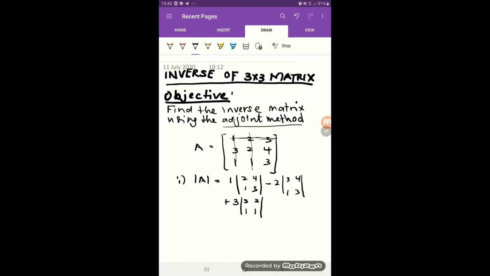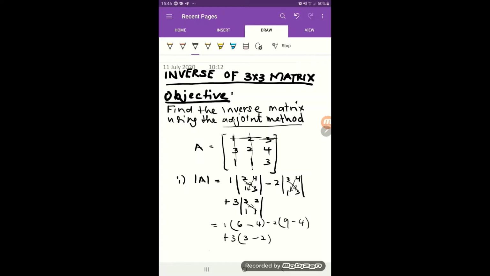And then you calculate the determinant. 2 times 3 is 6, minus 4 times 1 is 4, minus 2. 3 times 3 is 9, minus 4 times 1 is 4, plus 3. 3 times 1 is 3, minus 2 times 1 is 2.